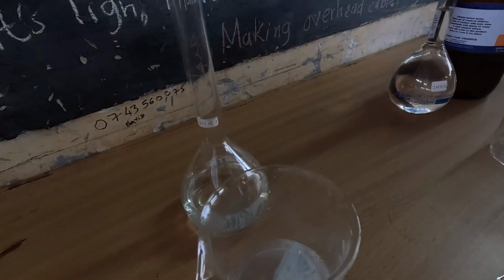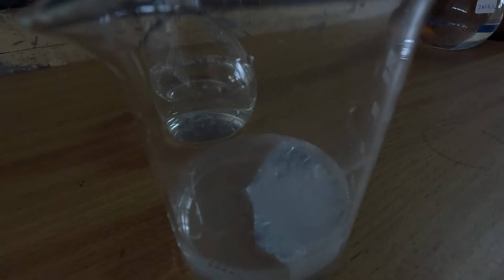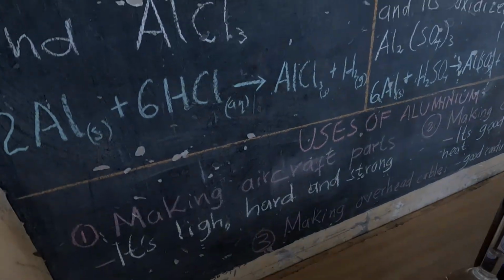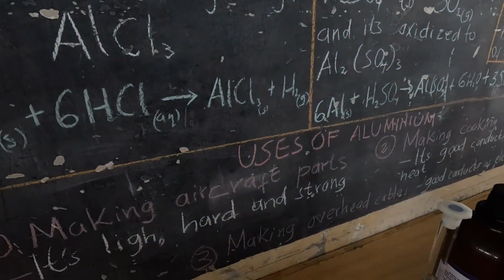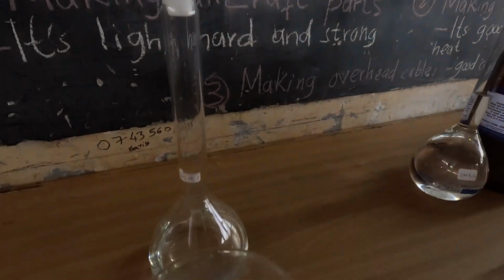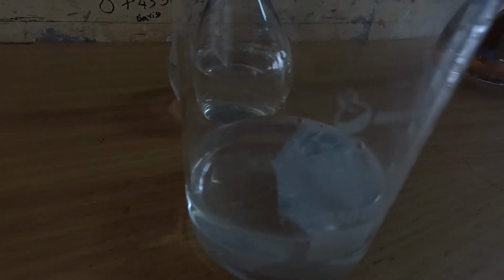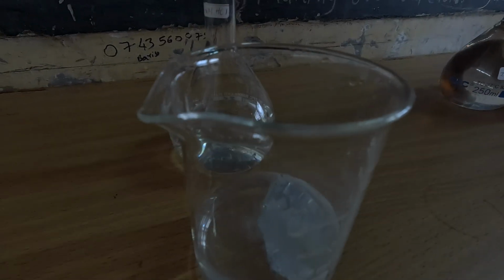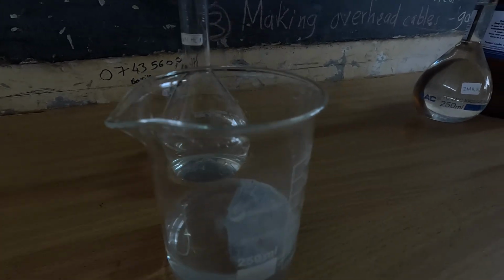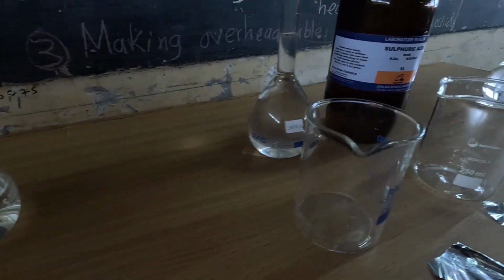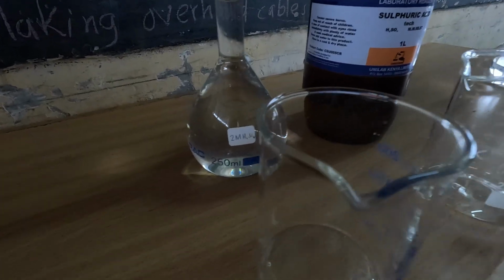So that is the reaction of aluminium with HCl, whereby aluminium reacts with HCl to form aluminium chloride and hydrogen gas that you can see inside this beaker as it effervesces. You can hear the sound of the effervescence and some gas that is being liberated from the reaction.